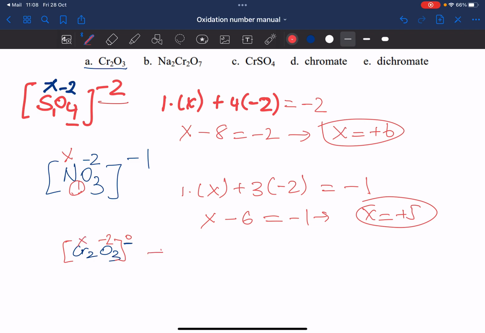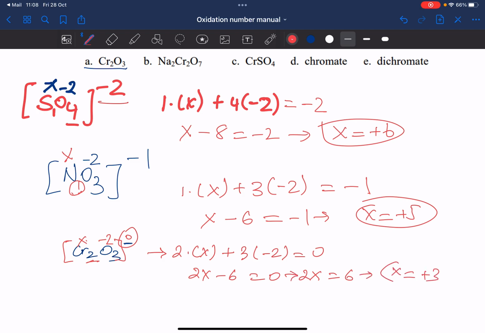So we do the math. 2 times X plus 3 times -2 equals 0. Okay, 2X minus 6 is 0, 2X is 6, and then from here we have X is +3.